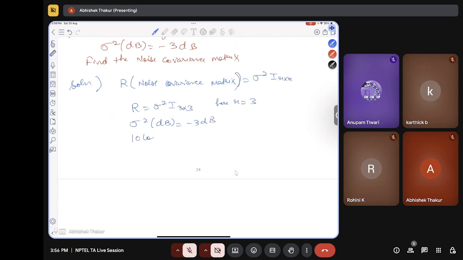So 10 log 10 sigma square is equal to minus 3. So what is the value of sigma square? That is 10 to the power of minus 0.3. This is 1 by 2. So here R will be 1 by 2 identity matrix 3 cross 3. So the noise covariance matrix is half, 1 0 0, 0 1 0, 0 0 1.